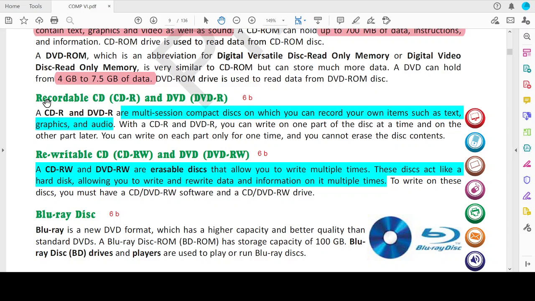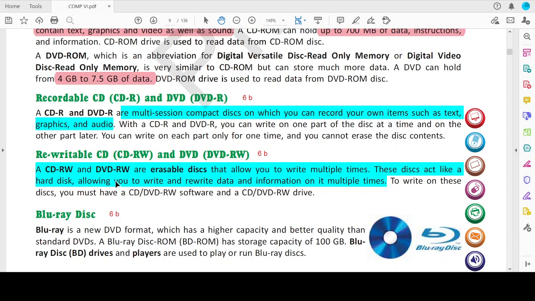So recordable discs can be written in multiple sessions, but a rewritable disk can be used just like a hard disk. That is, you can erase what you have written and you can rewrite at that place with something else, right? So it is having some better features.